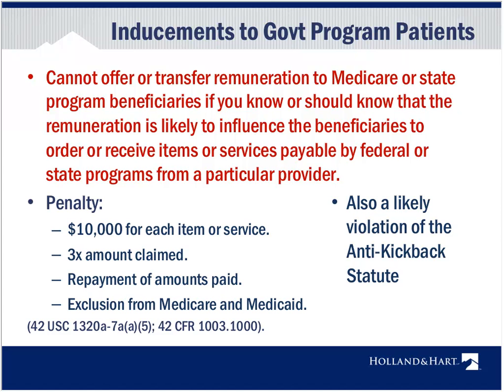So you can't go out and offer your Medicare patients, hey, come to us and we will give you freebies. What's the penalty? $10,000 for each item or service, treble damages, repayment of the amounts, and possible exclusion from Medicare or Medicaid. If you're offering those incentives to your Medicare beneficiaries, then chances are you've also got an anti-kickback violation.